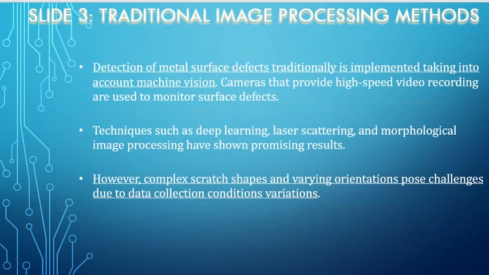Detection of metal surface defects is traditionally implemented using machine vision. However, complex scratch shapes and wiring orientation pose challenges due to variations in data collection conditions.